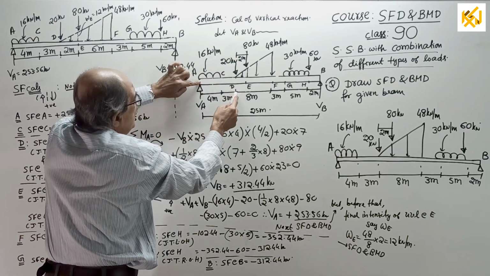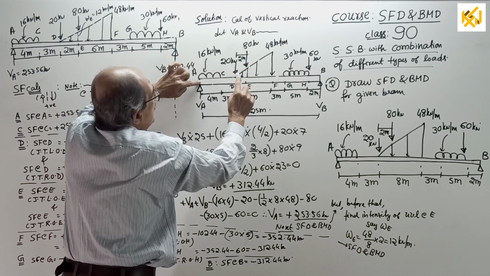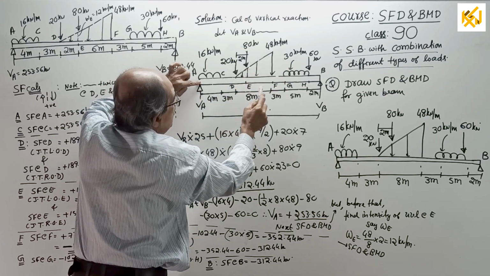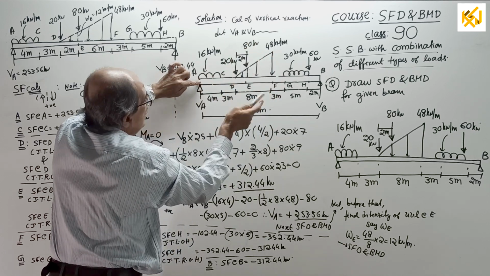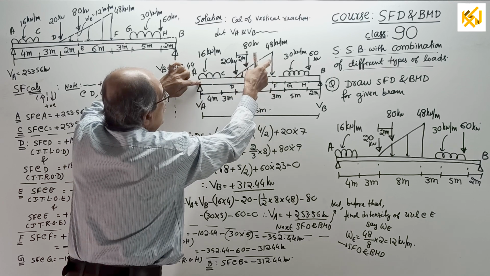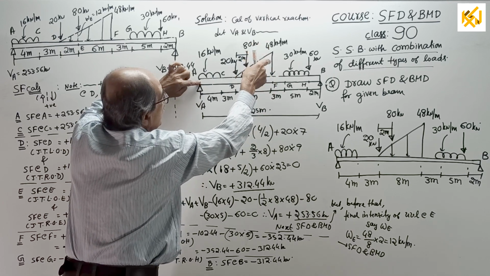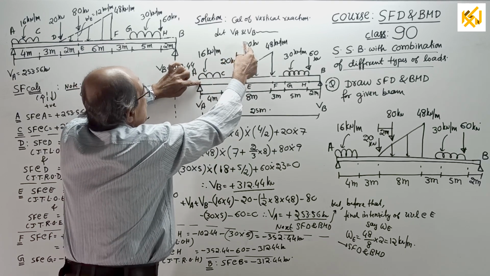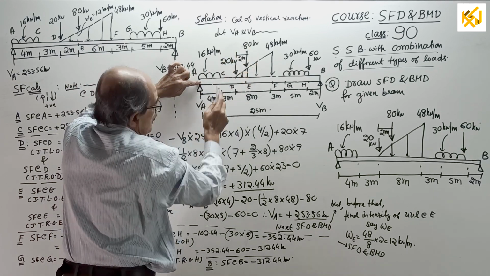Plus 20 into 7. Plus the moment of the uniformly varying load: half into 8 into 48, into 7 plus 2 by 3 of 8. This is 8 meters; the resultant of that load will pass here. Plus one more is there, 80 into 7 plus 2, 9, correct?